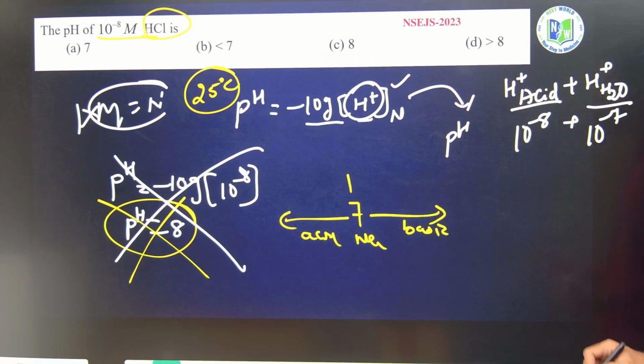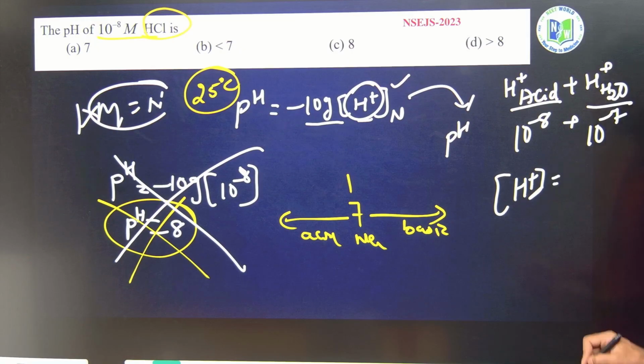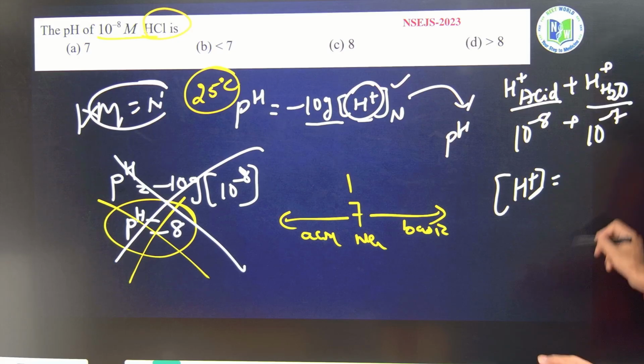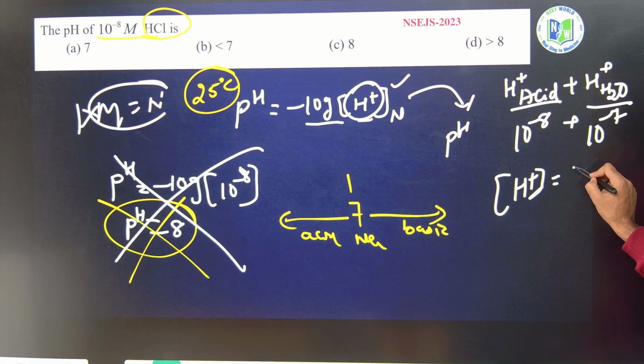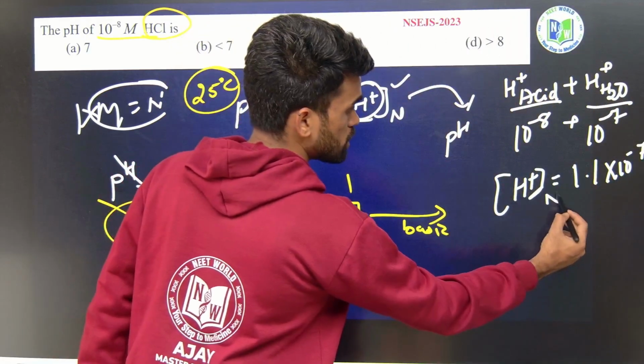So total H plus ion concentration is 10 power minus 7 plus 10 power minus 8, which I can write as 1.1 into 10 power minus 7. So we got the concentration of H plus ion like this.